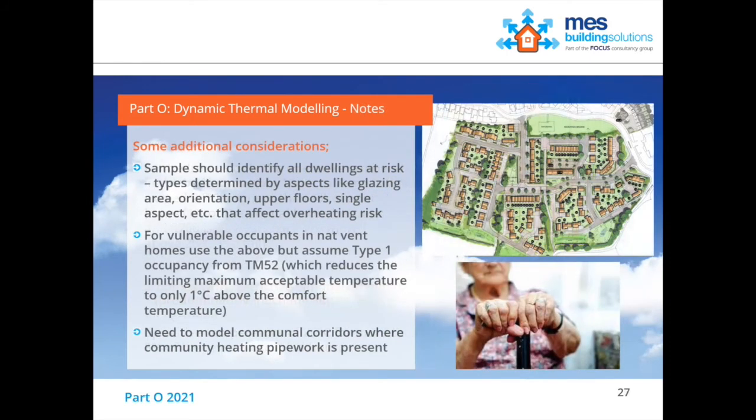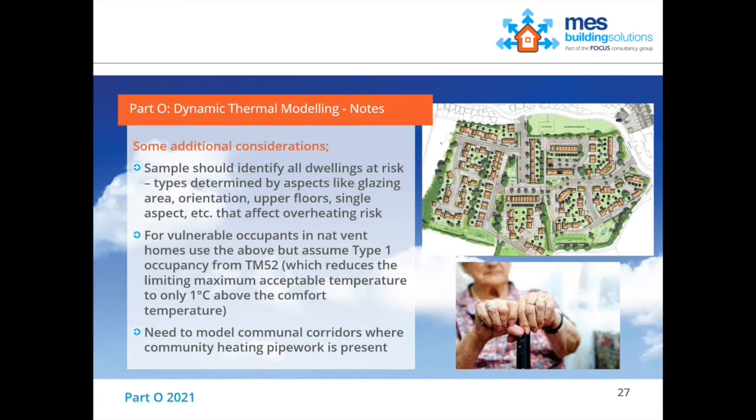We do have to consider a few additional things. Probably the most relevant, or the one that has the biggest impact actually, is whether or not we have any vulnerable occupants. So if we were looking at something for, say, sheltered living or a care home, where we've got vulnerable people, it effectively makes the delta T target harder to achieve, because rather than it being 3 degrees above the comfort temperature, delta T then becomes 1 degree above the comfort temperature, which obviously is less of a leeway.